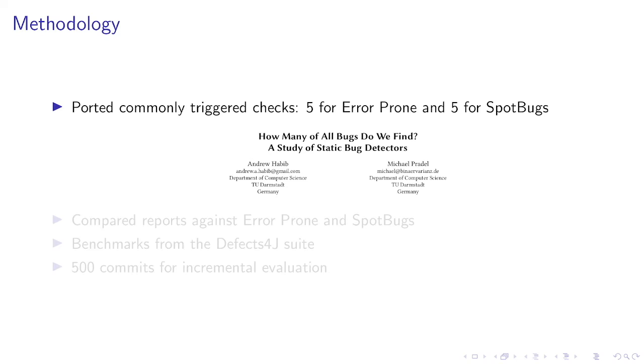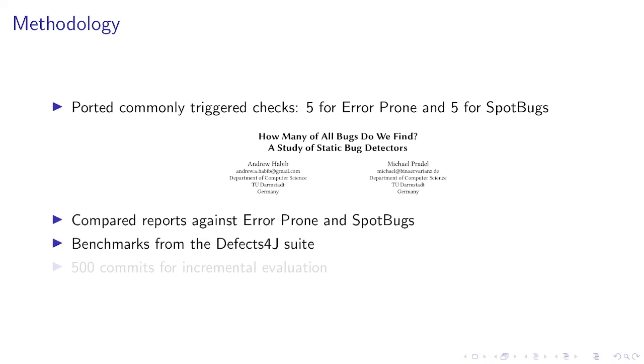To compare with the state of the practice tools, we ported 10 commonly triggered checks, as reported in a recent study of static bug detectors. For all our comparisons, we ran JavaDL, Error Prone, and SpotBugs on projects from the Defects for J suite. For measuring the performance of incremental evaluation, we used a sequence of 500 consecutive non-empty commits from each project.